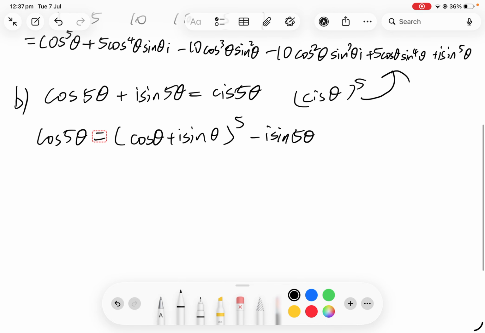But we know that cos 5 theta has no imaginary part, so the right hand side must not have an imaginary part as well.